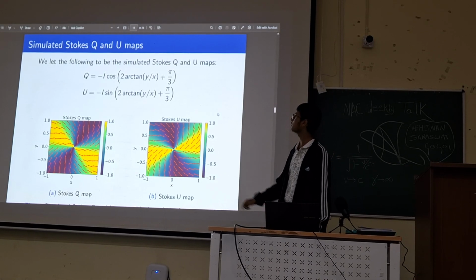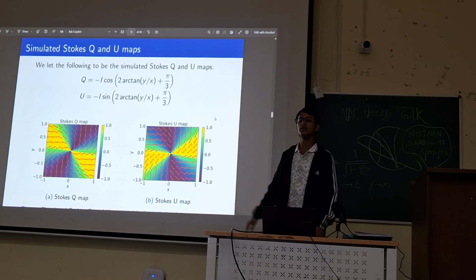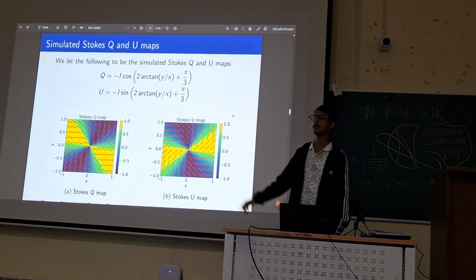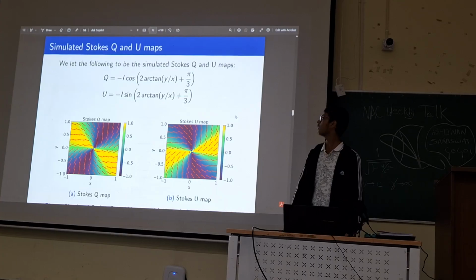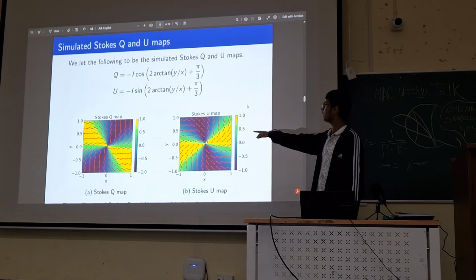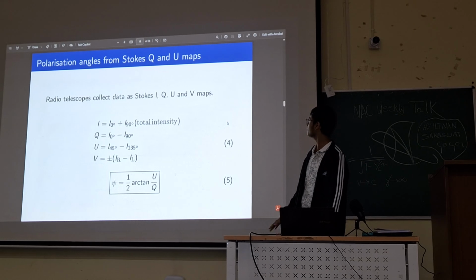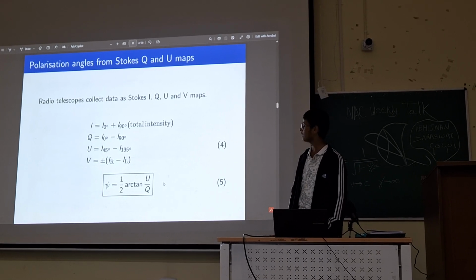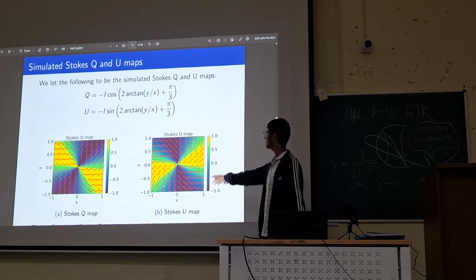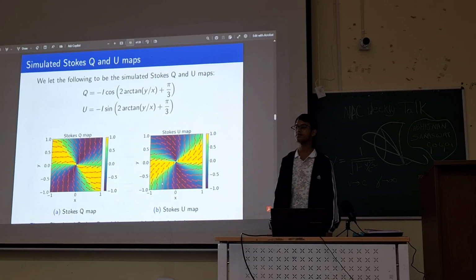Originally, however, you will not use an equation to obtain them, but rather your telescopes will collect this data. Here I am not showing you any real data. For this synthetic data, I used equation number 5 to obtain the polarization pattern for the light, and that pattern is given by these vectors in these images.